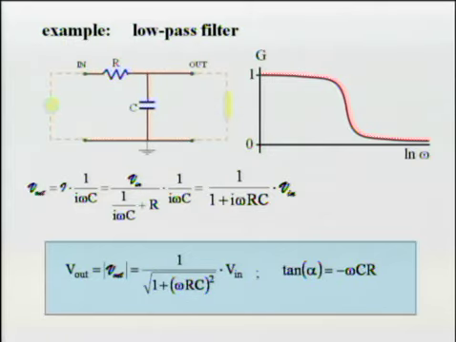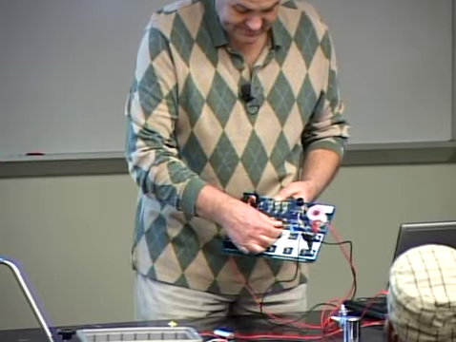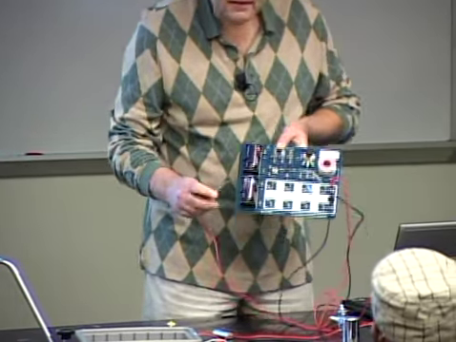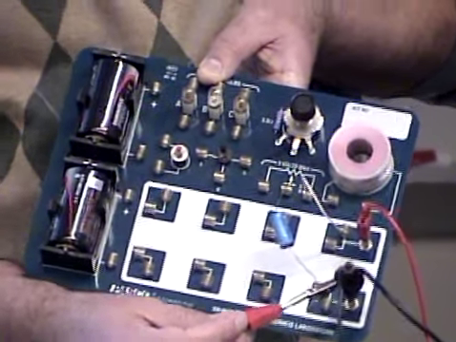All right, now why don't we take a look at how the real circuit behaves. I have assembled the circuit here. You can recognize this is the ground or reference potential from the power supply.